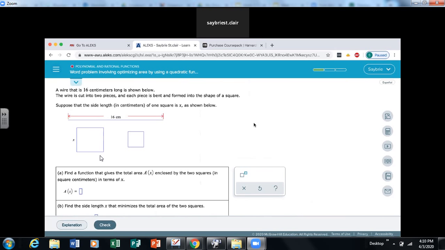So I got one equation's x squared. Oh wow, because this one's a little bit different. X squared plus 16 minus x squared.